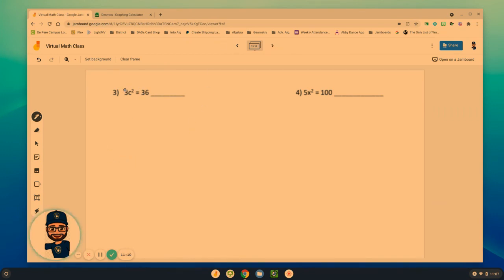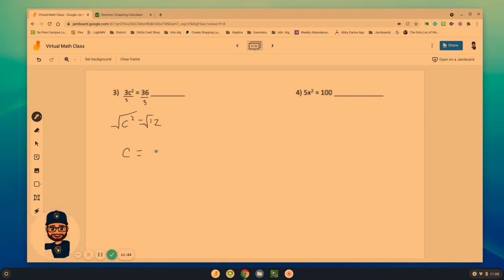Okay, we don't have the c squared isolated yet. It's 3 times that. So I'm going to divide both sides by 3 and get c squared equals 12. Now I take the square root of both sides and I get c equals the square root of 12. That's a little bit of a sticky one. That doesn't have a perfect number, right? It's not 3 times 3 and it's not 4 times 4.